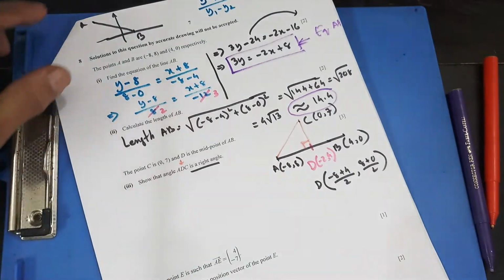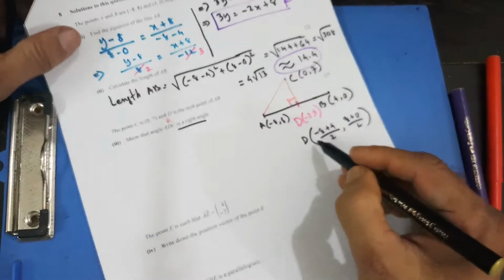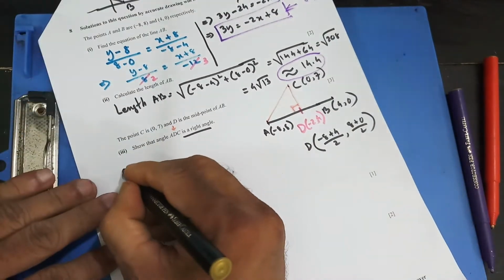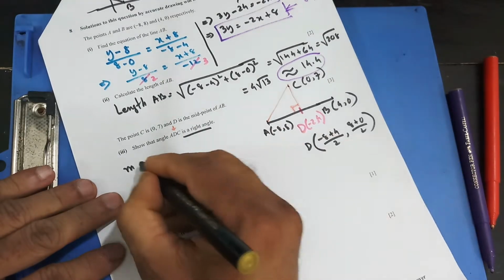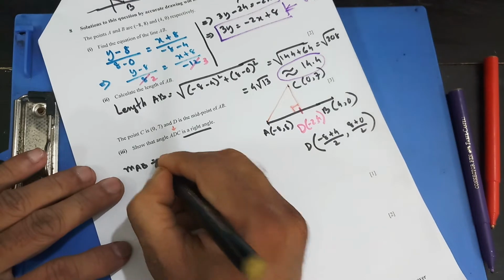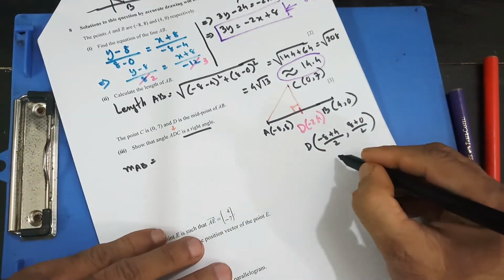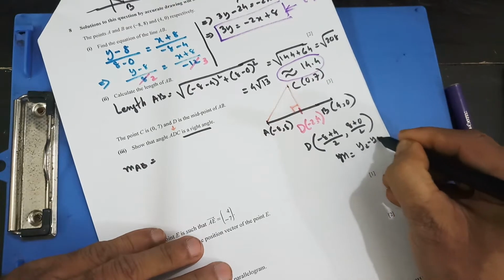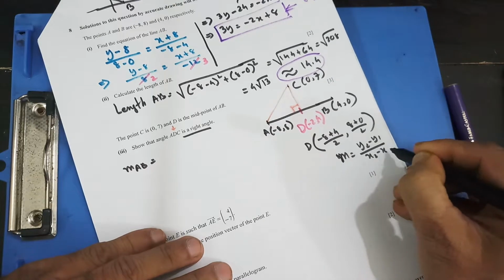So what can I do? I already have the coordinates over here. Now I'm gonna find out the gradient of AB. I hope you know that gradient is difference in y-axis over difference in x-axis.